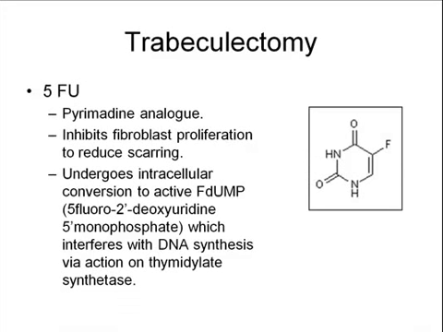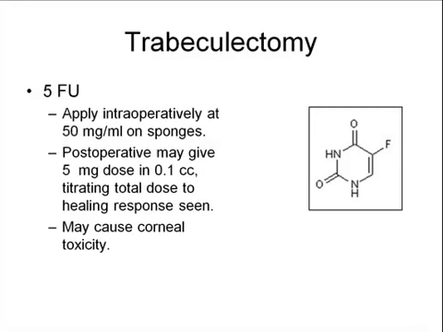Here we have 5-FU. This is not commonly used intraoperatively anymore, although it's how things started. It's basically a pyrimidine analog, and it works by inhibiting fibroblast proliferation to reduce scarring, and it does this by undergoing intracellular conversion to active FdUMP, which interferes with DNA synthesis by inhibiting thymidylate synthetase.